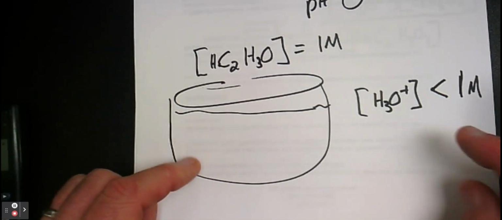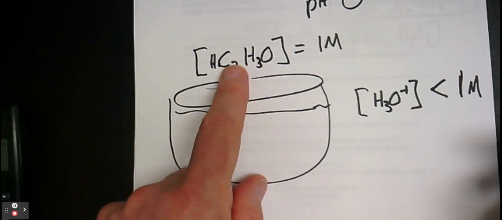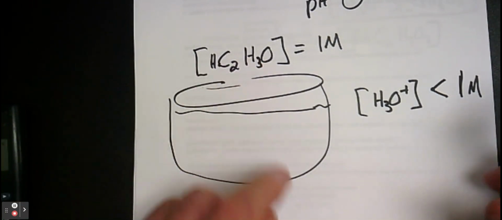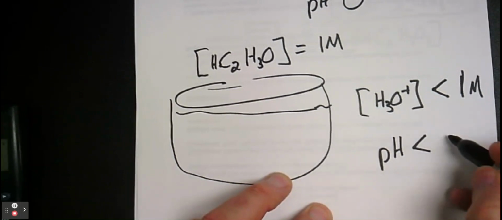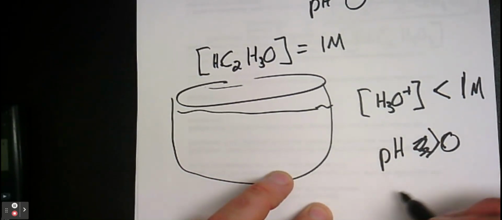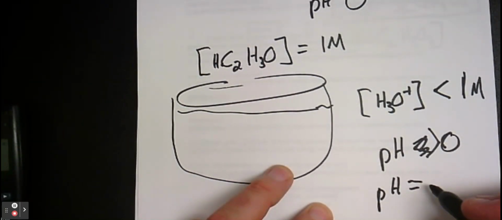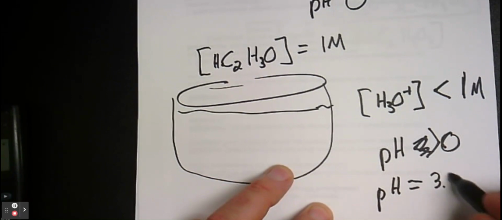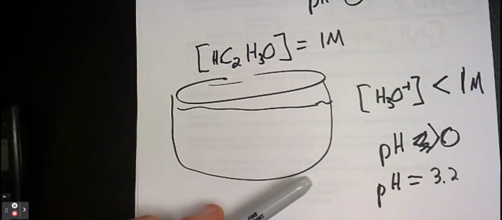Some of it's going to remain bound to its anion. Therefore, you'd expect your pH to be greater than 0. And in fact, I think the pH of this solution is roughly about 3.2. I'd have to look it up, but this is not about that. That's for another video. Hope this helps. Bye.